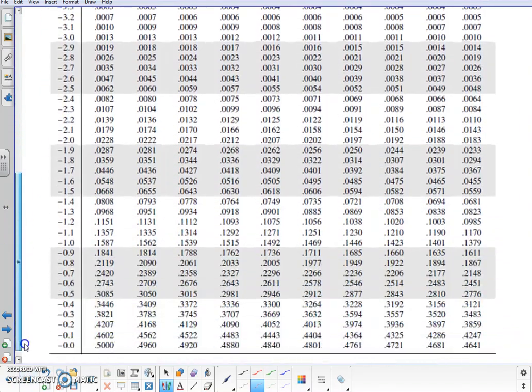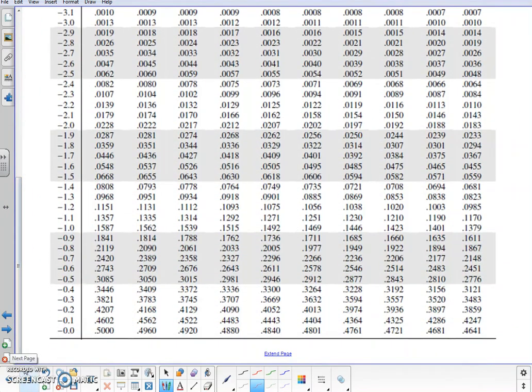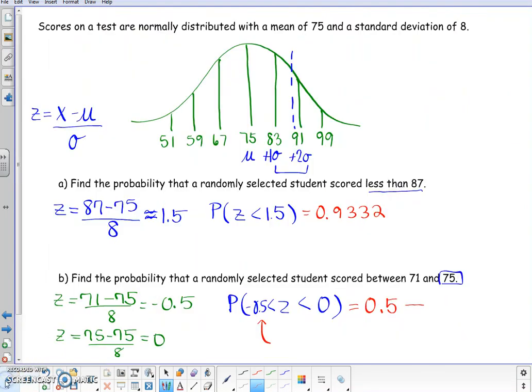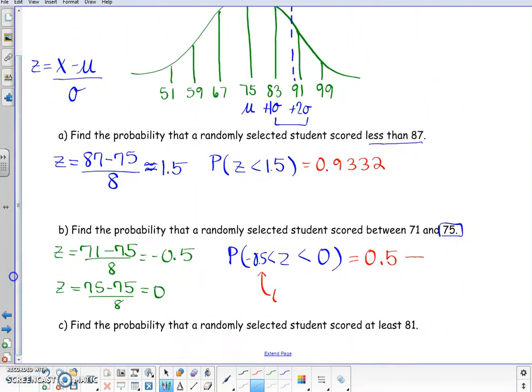So if you ever have between two values, you're going to subtract the two probabilities. So negative 0.5 is 0.3085. We have to subtract those two numbers to figure out what probability is between them. So 0.5 minus 0.3085, and we get 0.1915. Okay?